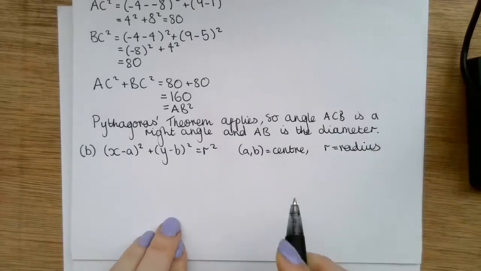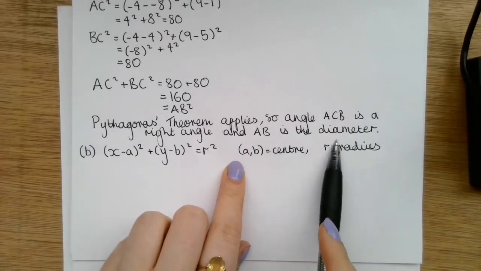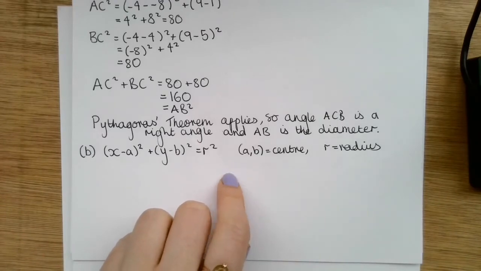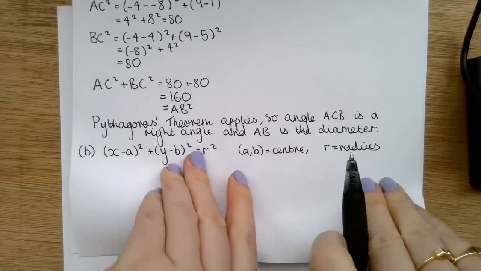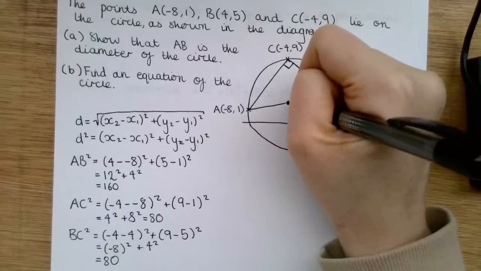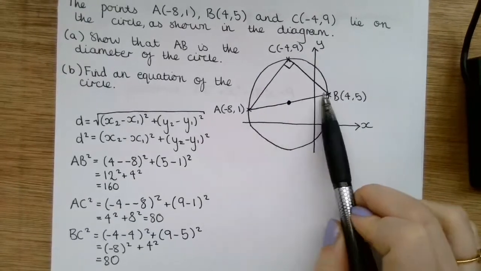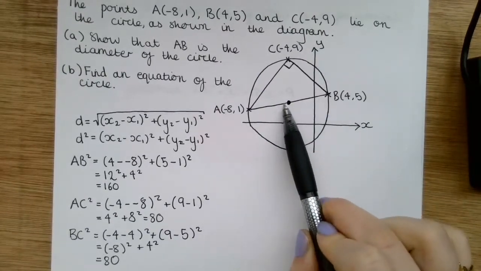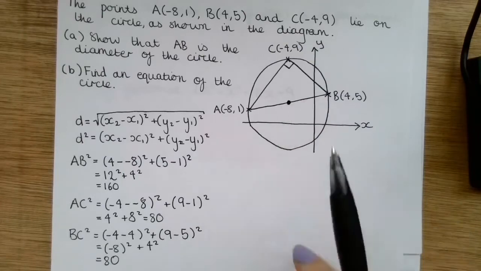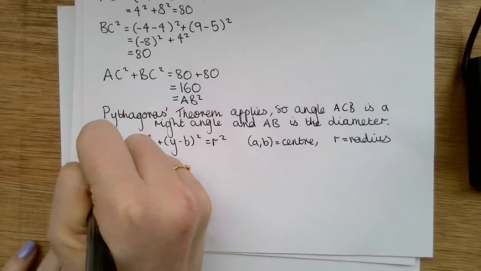So we need to find the coordinates of the centre and the radius. To find the centre, if we look at our diagram, the centre is the midpoint of AB, because we've just found out that AB is the diameter, so the midpoint of the diameter must be the centre. So we're going to find the midpoint of AB.